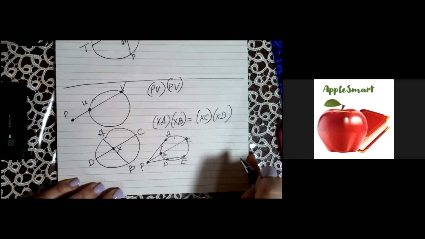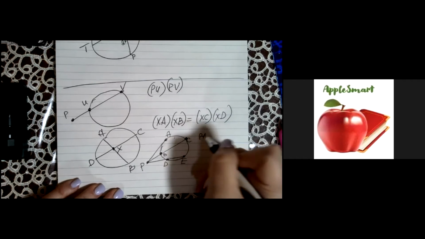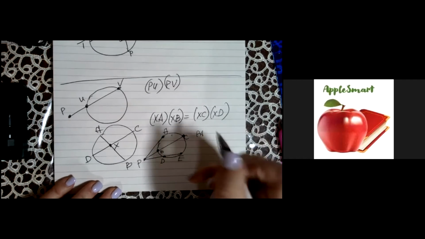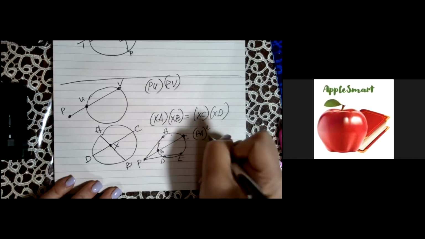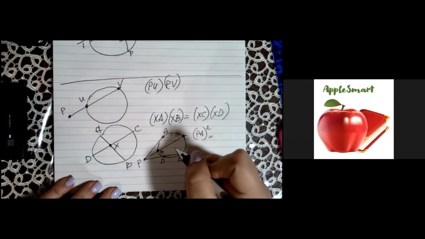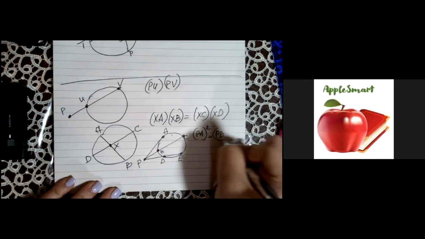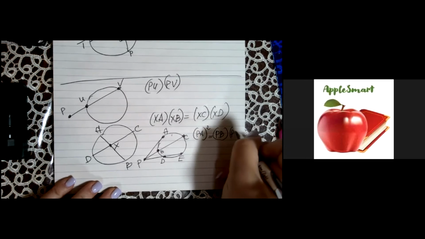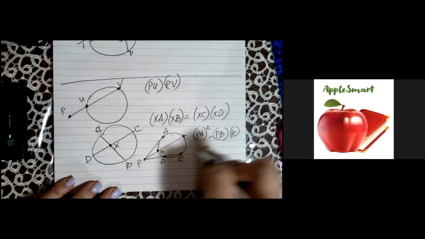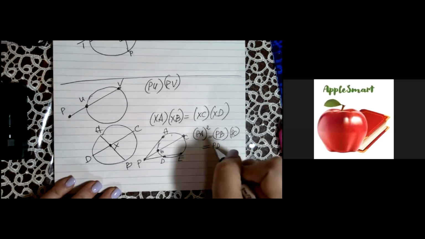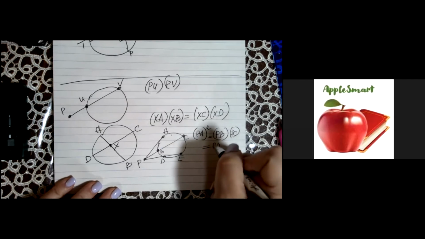What happens apparently is that PA squared, which we proved already in the previous question, PA squared is equal to PB times PC, and at the same time equals PD times PE.